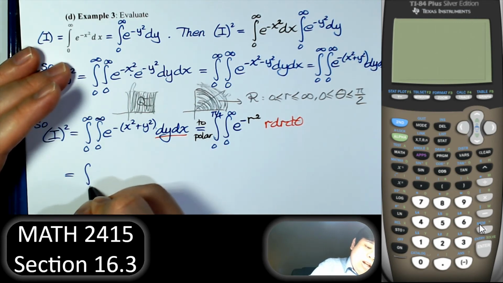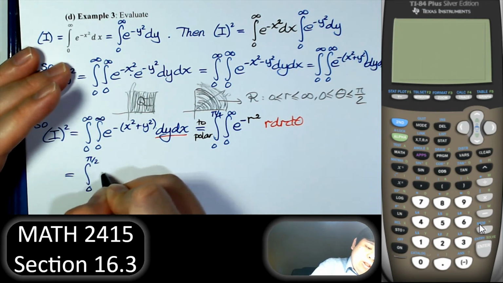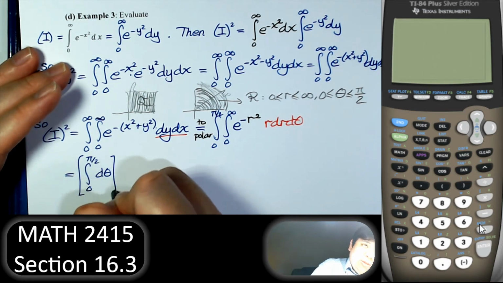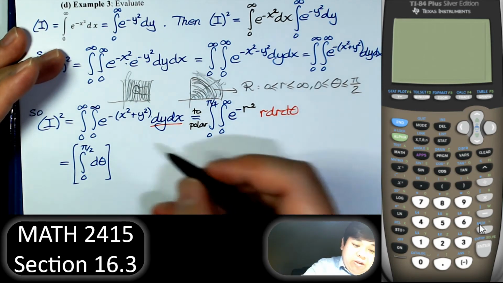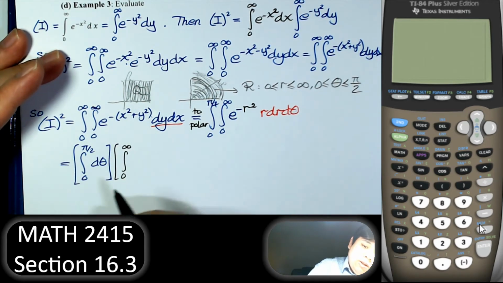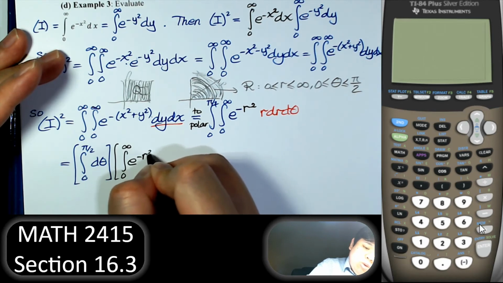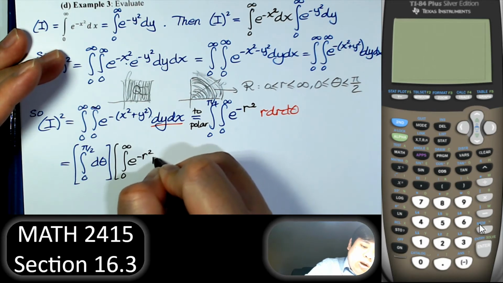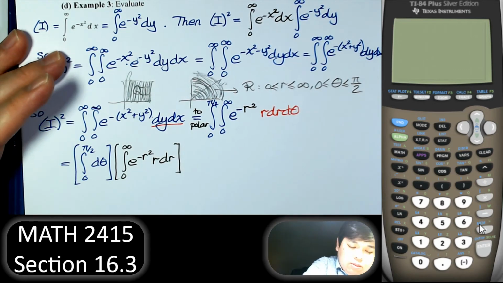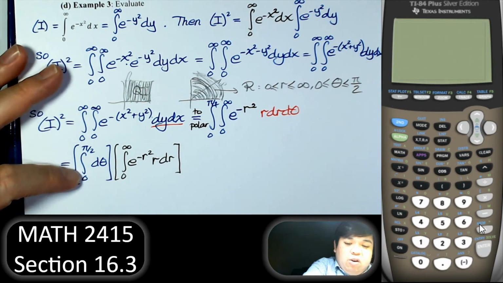So if we group the theta, we have the integral from 0 to pi over 2 of d theta, and we group everything with r: e to negative r squared, r dr. Right. The first one is easy.